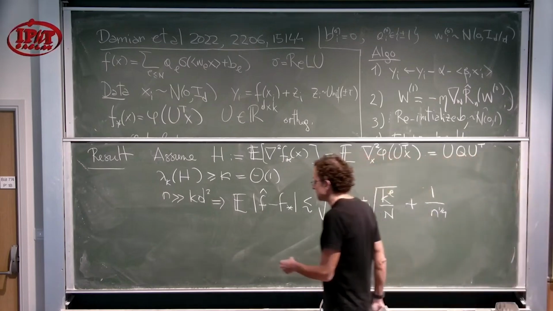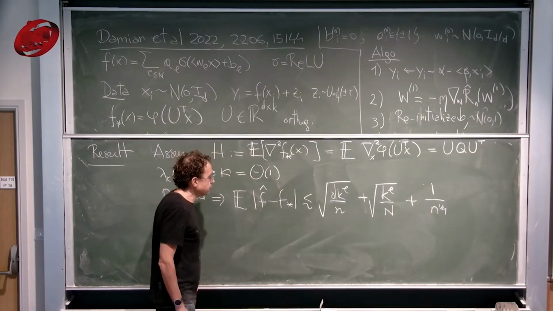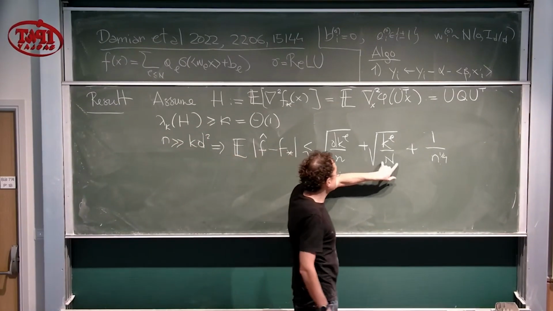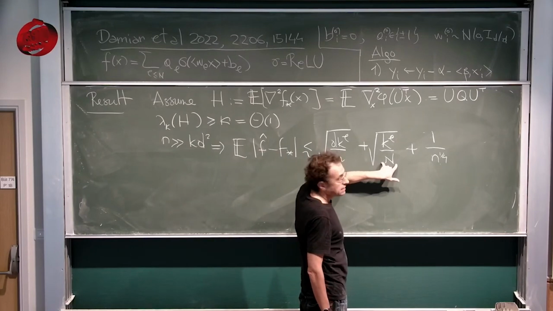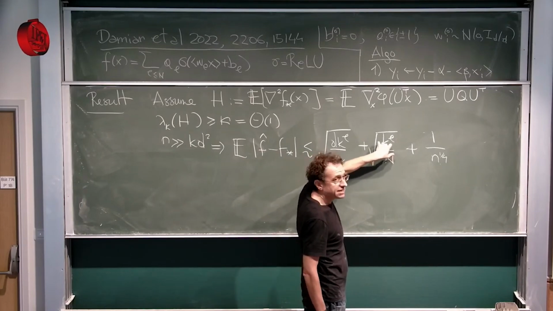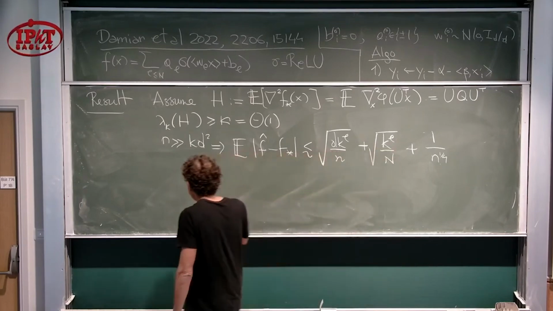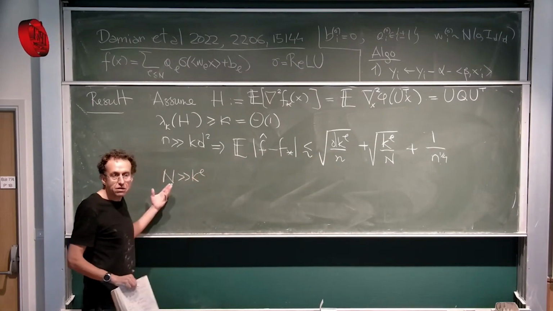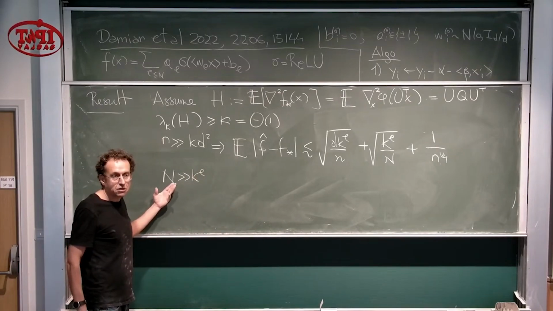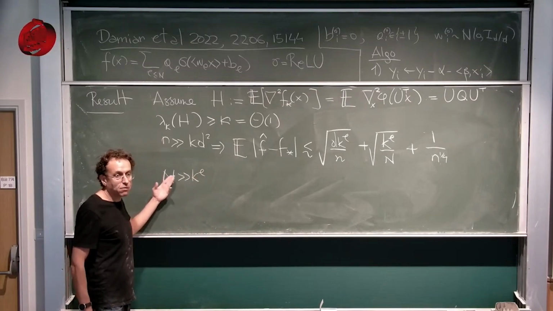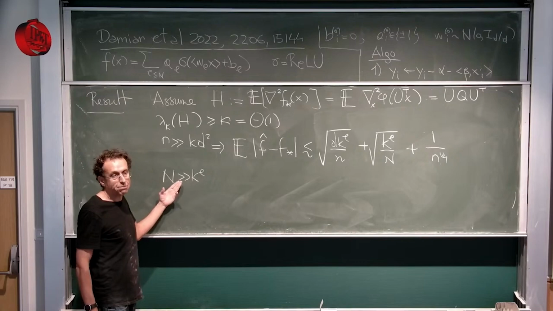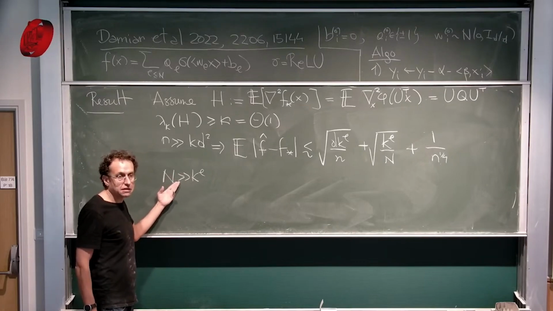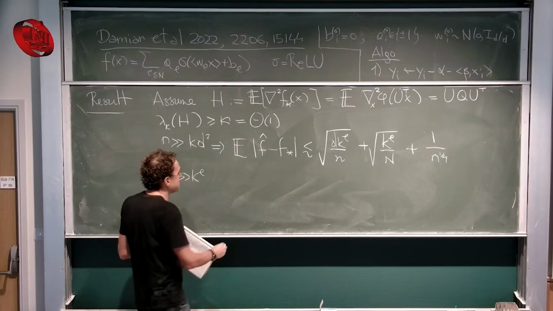Okay, so let's not forget this condition. This requires, for the risk being small, that the network size is much bigger than k to the L. Where does this come from? This comes from the random feature model in k dimension being able to represent polynomials of degree L. We saw this already in the case of random features.